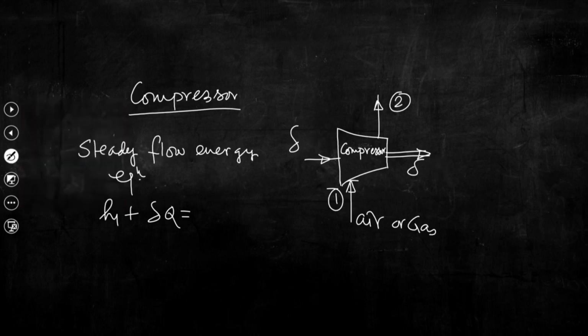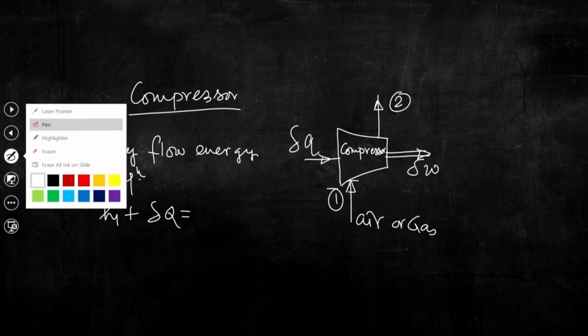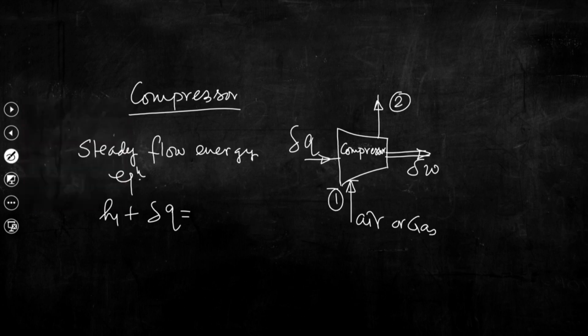So, if I write here del Q and del W, so del Q equal to H2 plus del W. So, now we have assumed that the process is reversible adiabatic.